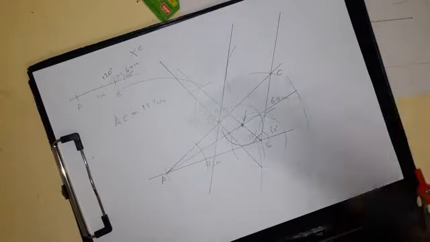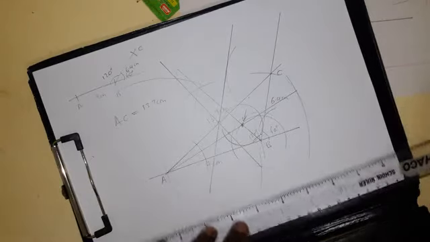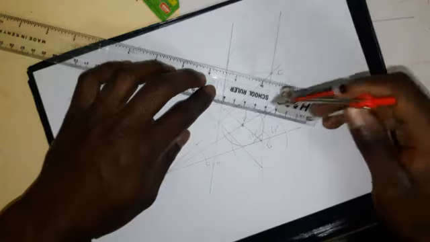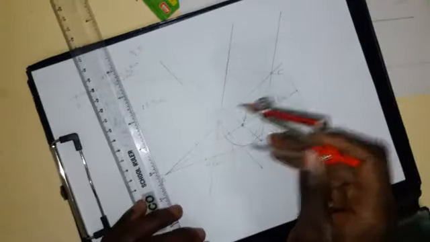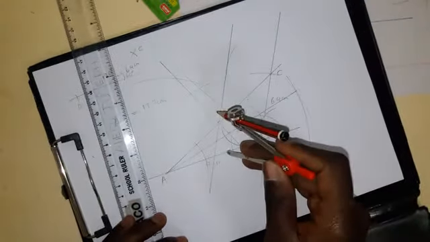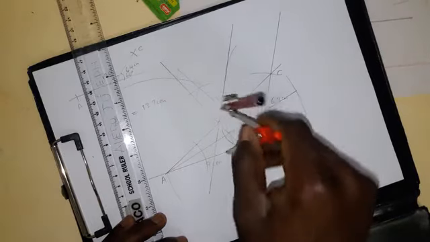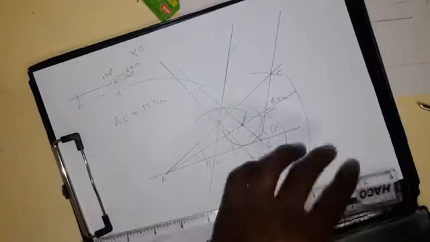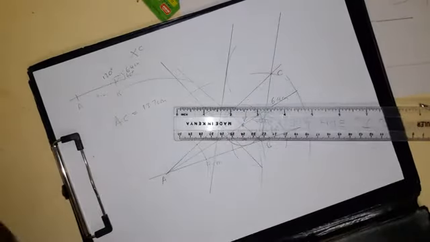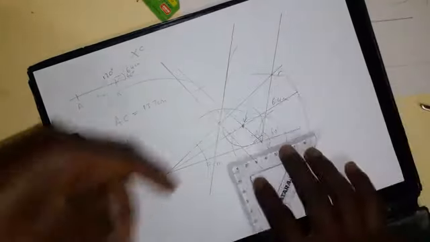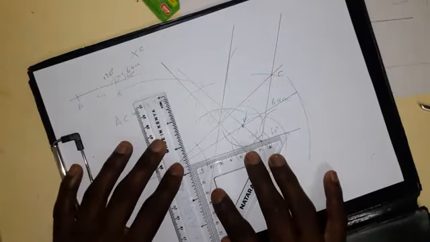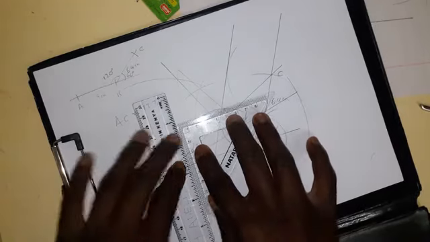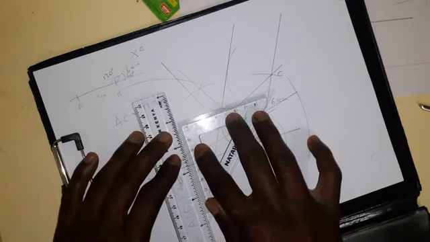So we basically come here, measure 4.2 centimeters again, but I've not touched my compass. I'll have that arc like that. Pick my set square, and then slide it up to the tangent.